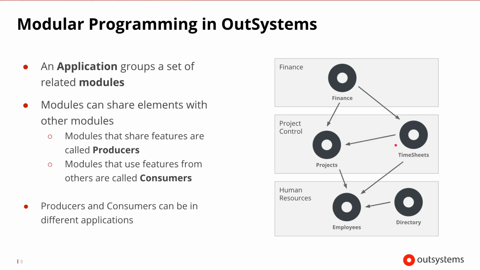And timesheets itself can make certain capabilities public that are going to be used by the finance module inside the finance application. So modular programming allows us to create capabilities that can stay focused but still produce or share different things with other modules.